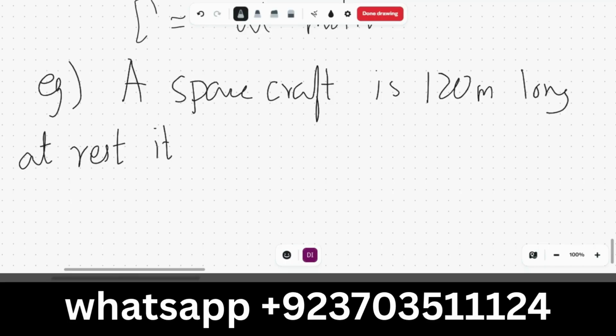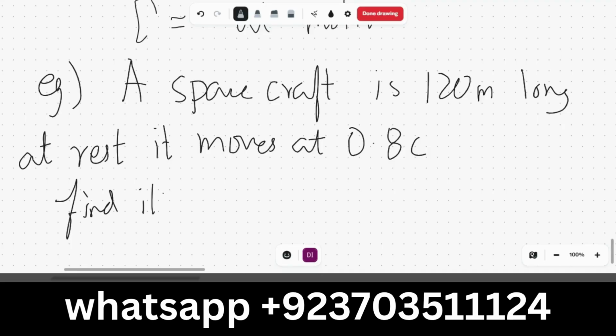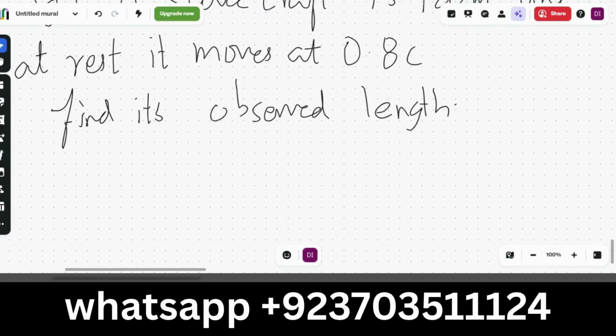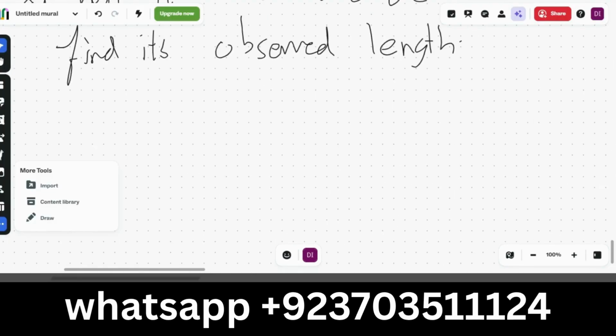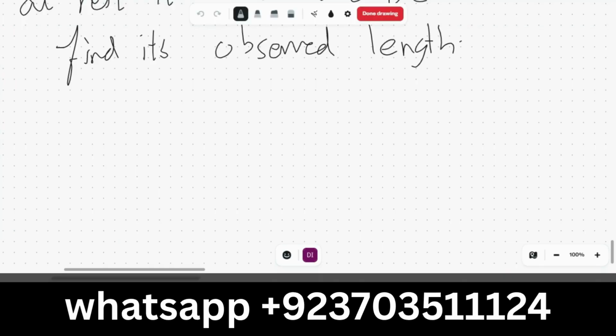It moves at 0.8 c. Find its observed length.